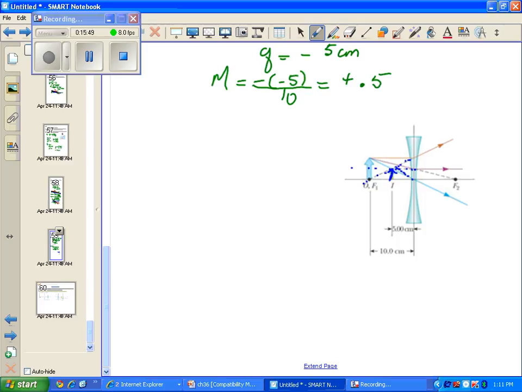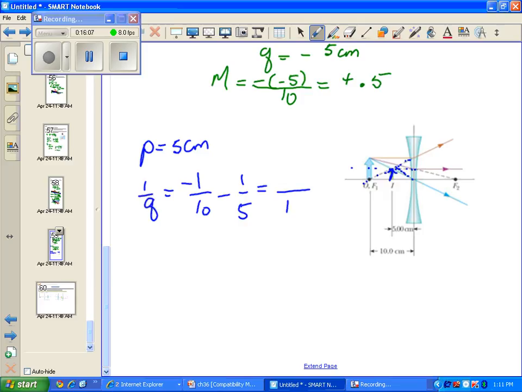upright, reduced, and virtual. Last case, we had P equal to 5 centimeters, and so 1 over Q equals minus 1 over 10 minus 1 over 5.